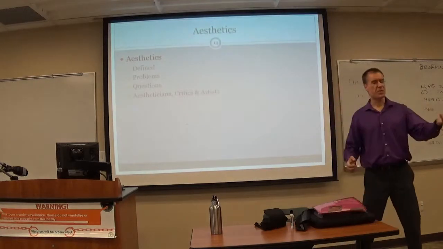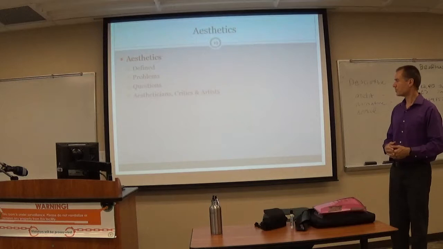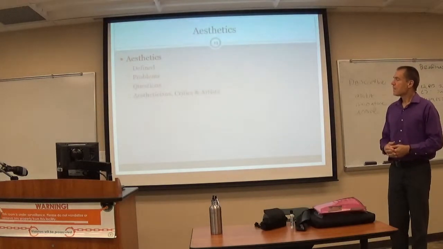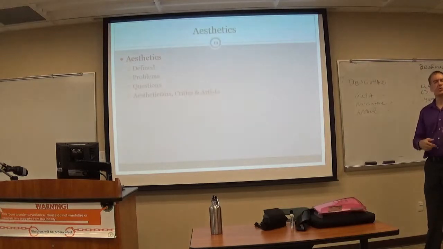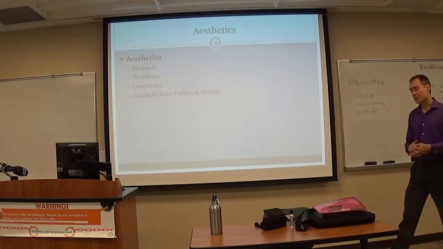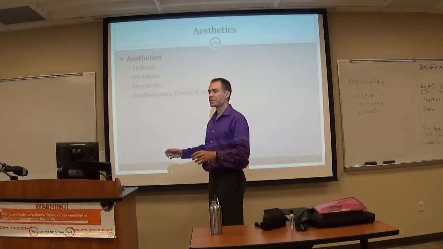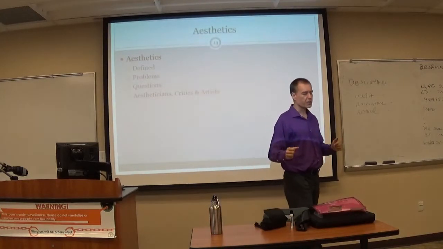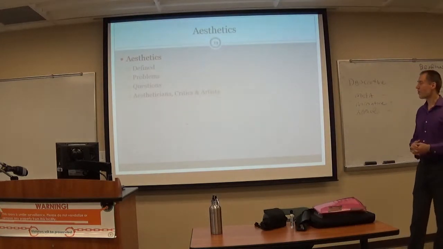Is it something in the world objectively, or something subjectively in the eye of the beholder? And moving away from pure aesthetics, there are also various social and political issues. For example, the area of censorship can be looked at as legal, also ethical, and also dealing with aesthetics, because it deals with the censorship of works of art.